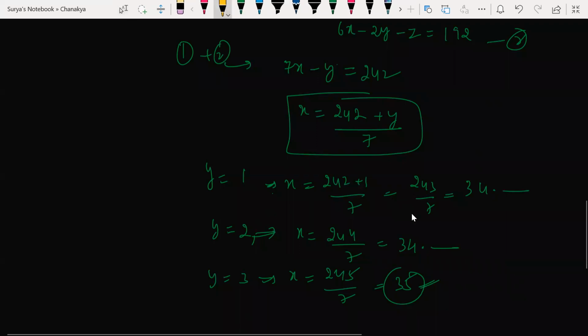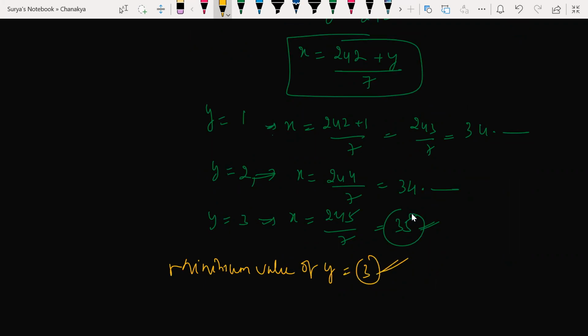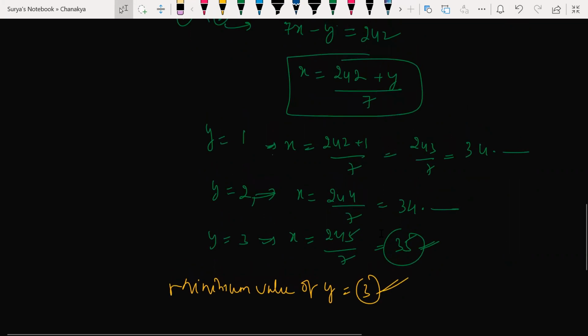The minimum value is what? What is the minimum value of y now? The minimum value of y is 3 that can be taken here. Here x and y both are integers.